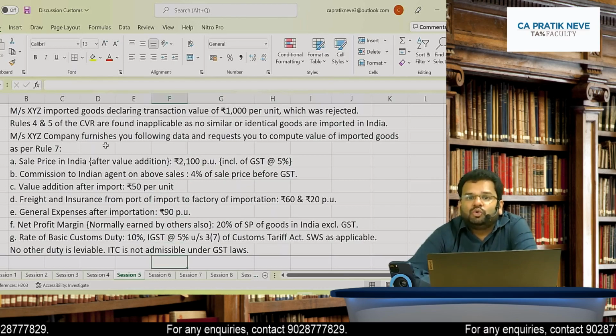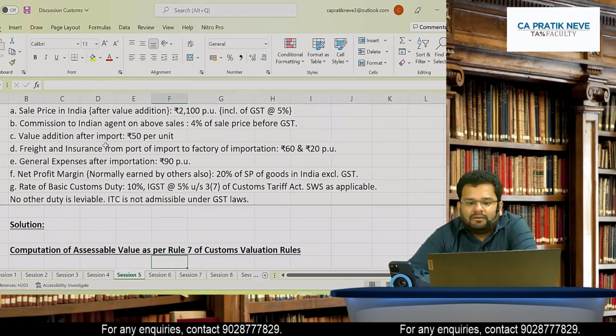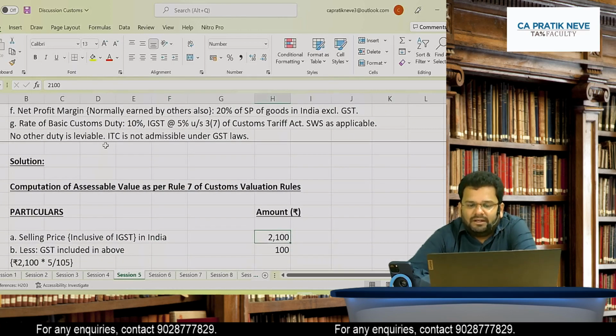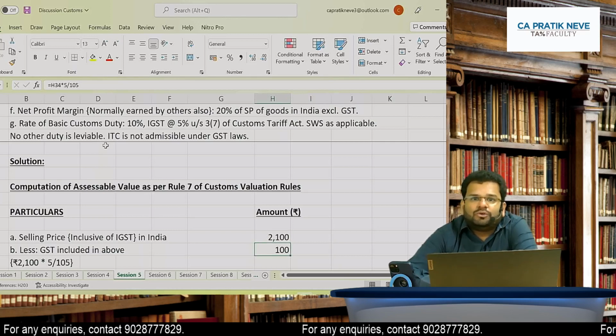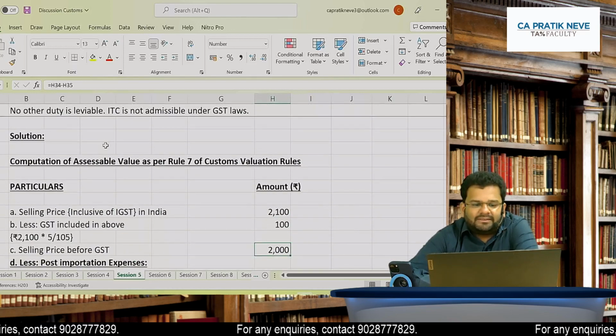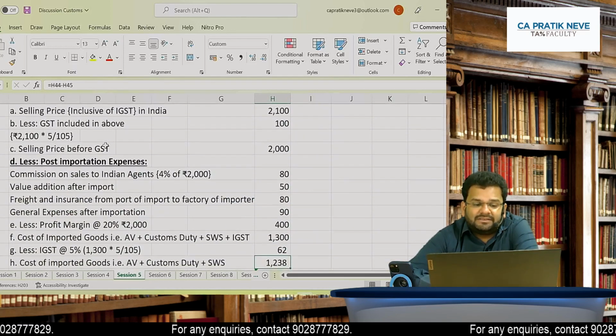So what you will do, I will not go in depth of that, but from 2100 you will exclude GST, then you will exclude all other expenses.